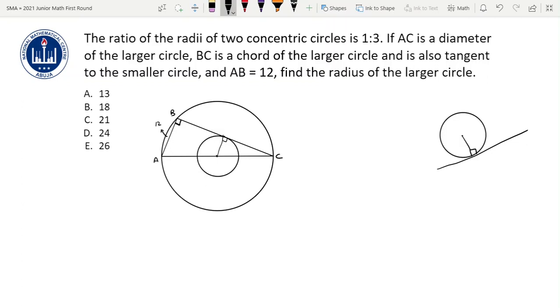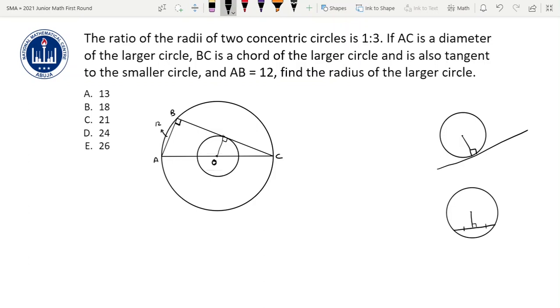And also in a circle, if you have a chord, then a perpendicular from the center of the circle to that chord is going to bisect that chord. So here I'll call this point O. Point O is the center of both the bigger circle and the smaller circle.